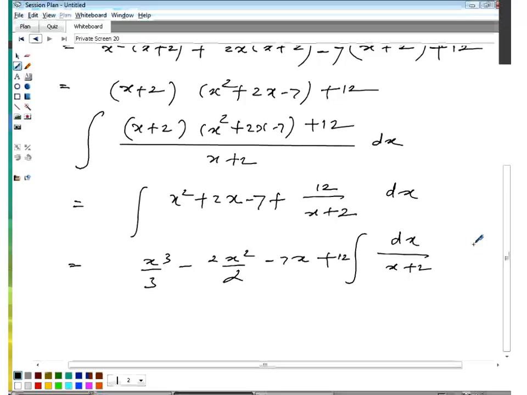Now the tricky part is the right side integral, because we have not done the method of substitution yet.